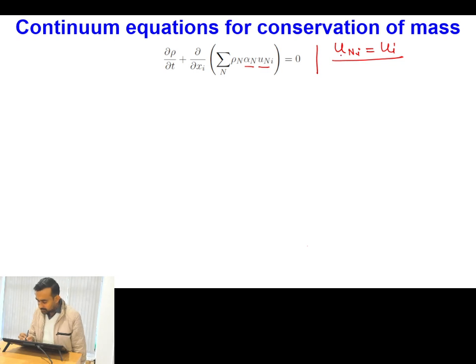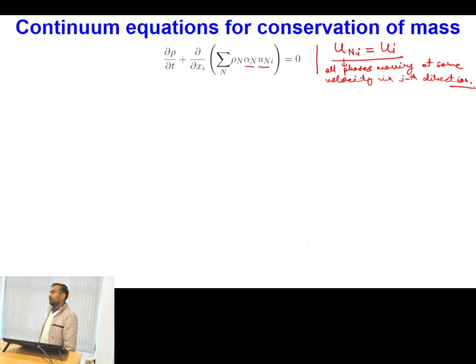The assumption, when I am writing u n i equal to ui, has the physical meaning that all phases are moving at the same velocity in the ith direction. If all the phases are moving at the same velocity, then there is no drift between the phases which we are considering.